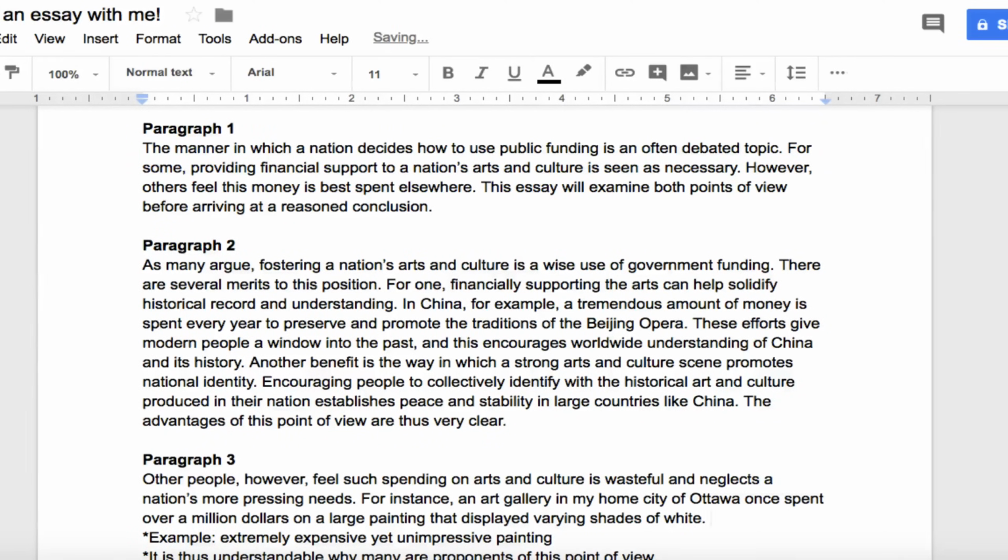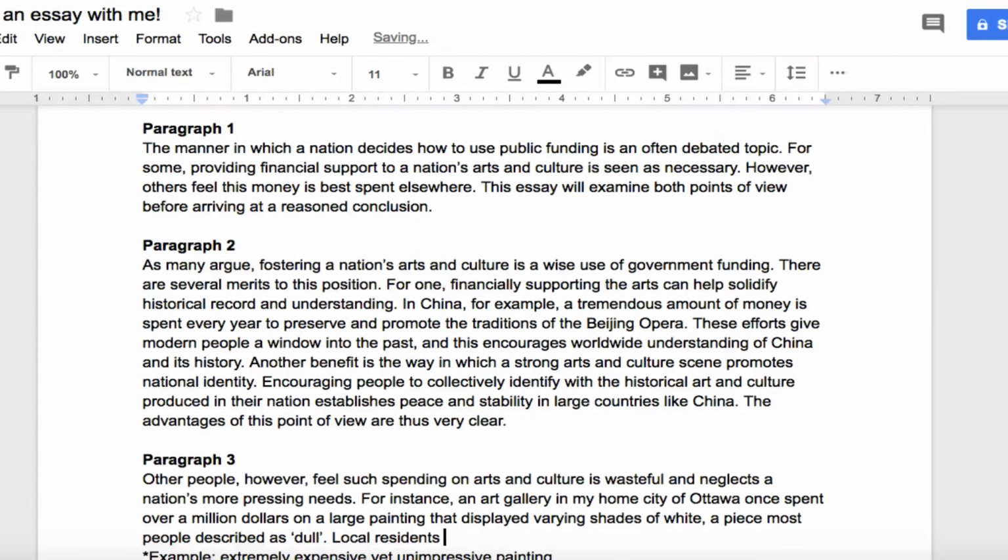And it's important to point out that most people felt this was a rather boring painting and a rather wasteful use of government funding. So I'm just going to stick in here a piece most people described as dull. Okay. For instance, an art gallery in my home city of Ottawa once spent over $1 million on a large painting that displayed varying shades of white, a piece most people described as dull.